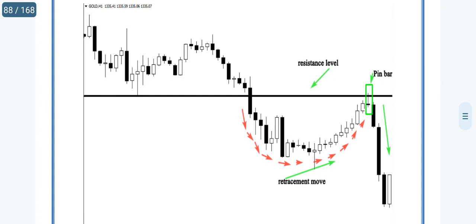Yes, in this video we are going to learn about the physiology behind the penny bar candle formation and how to trade it with a market trend, especially when it forms in the market.